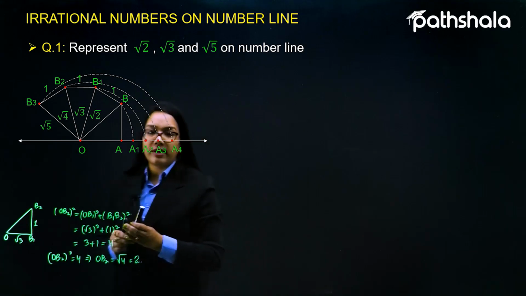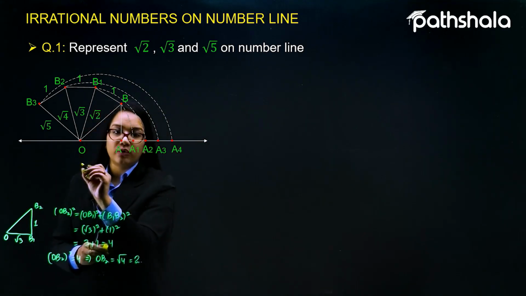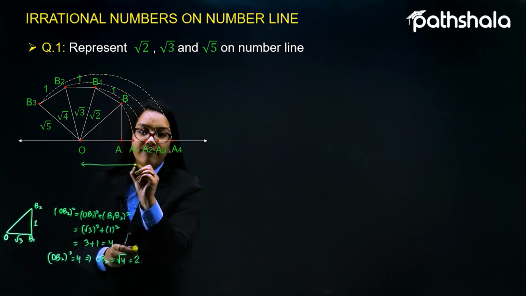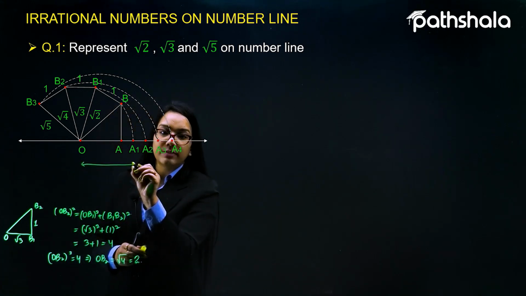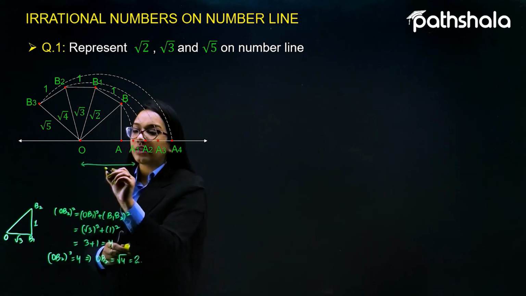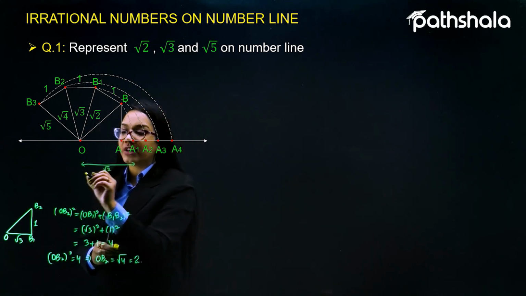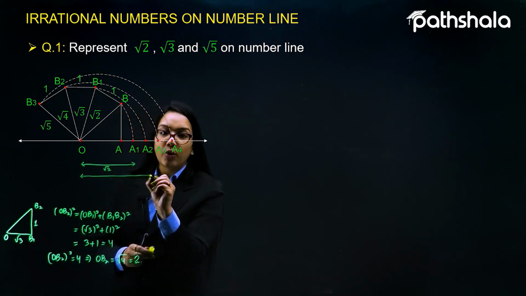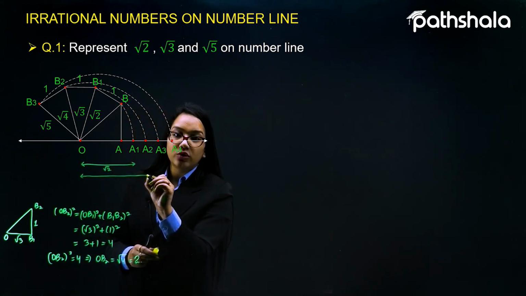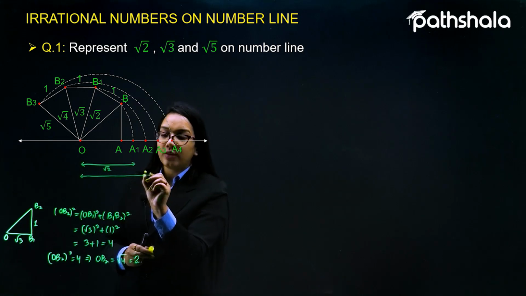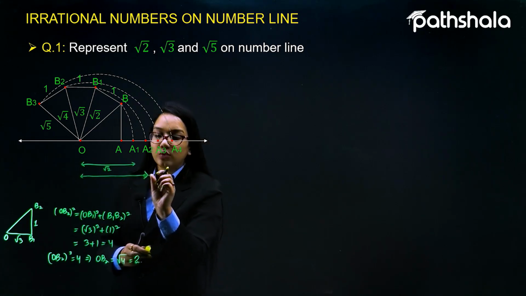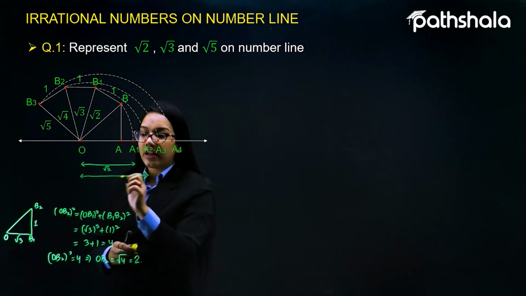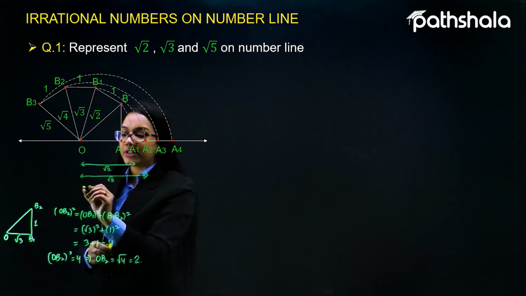So let us suppose if I mark it over here, from O point till A1, this is nothing but root 2 representation. From this point till A2, this is nothing but root 3 representation.